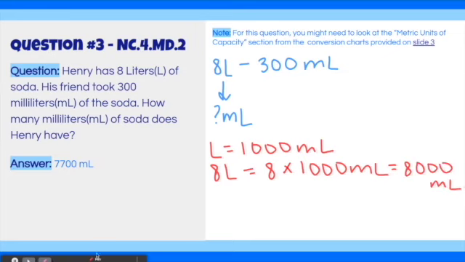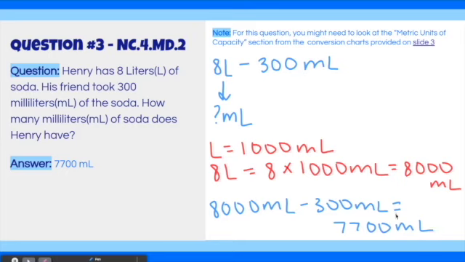Now we can go back to the question. We have 8,000 milliliters minus 300 milliliters. When you do the subtraction, you'll be left with 7,700 milliliters, which is the answer.